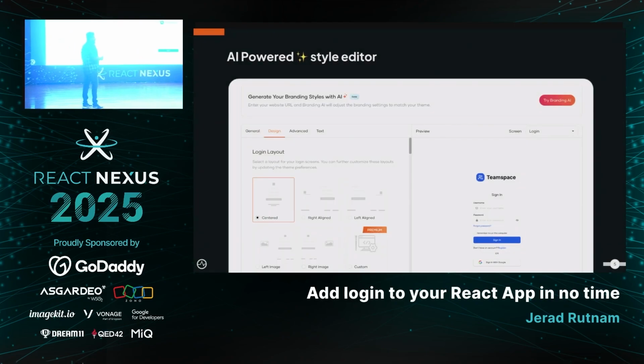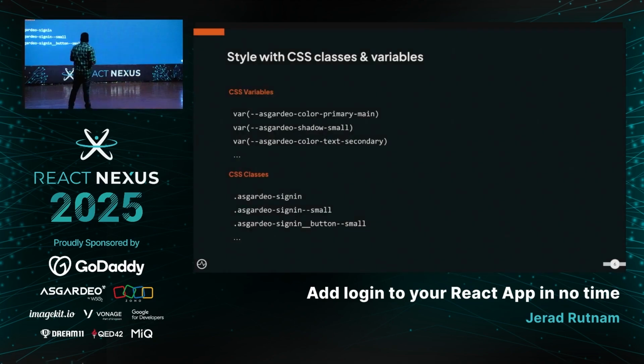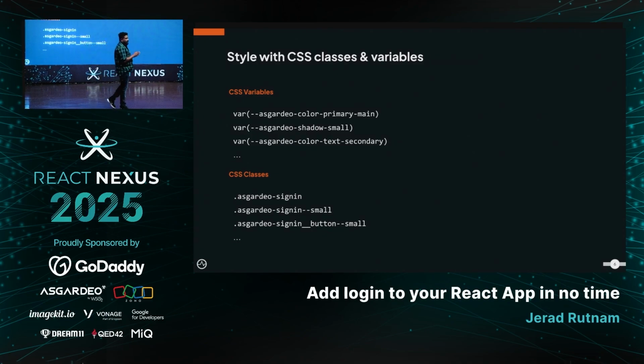So basically, you can just add your login box to your web React application, and after that, you can style it as you want to match the rest of the UIs of your React application. And if you still don't want to use the UIs, the component also exposes a set of CSS variables as well as a set of CSS classes, which you can use in your application and then style it as you want without going back to the Asgardeo UIs to style it.